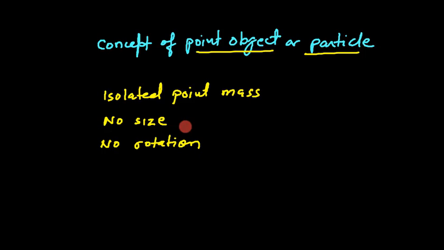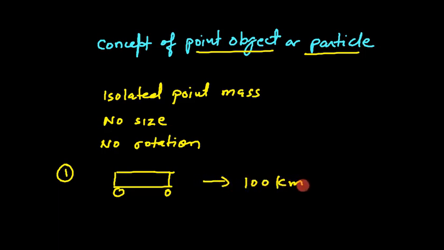In describing the motion of a car that is going 100 kilometers, the length of the car is very small in comparison to the distance involved, and we can treat the whole car as a particle.